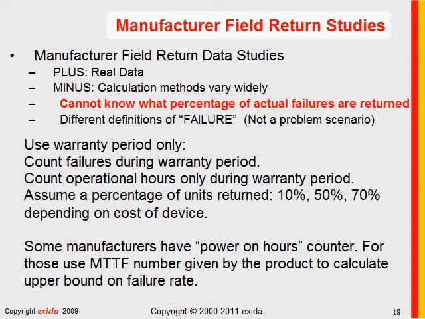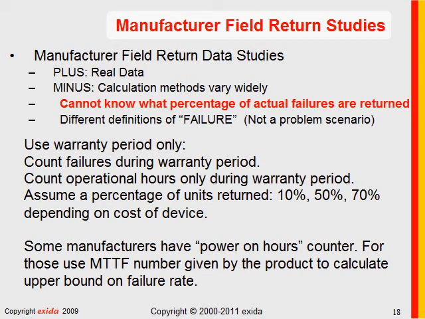We count failures only during the warranty period, and we count operational hours only during the warranty period. We assume a percentage of units returned is 10, 50, or 70%, depending on the cost of the device. And those assumptions are based on surveys that we've done of end users and end user maintenance policy.